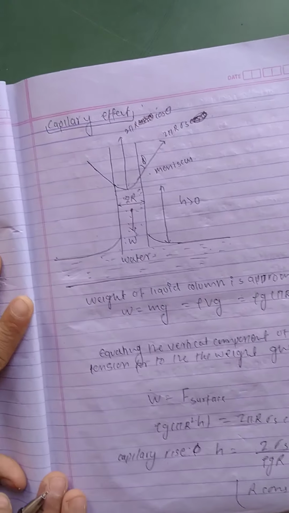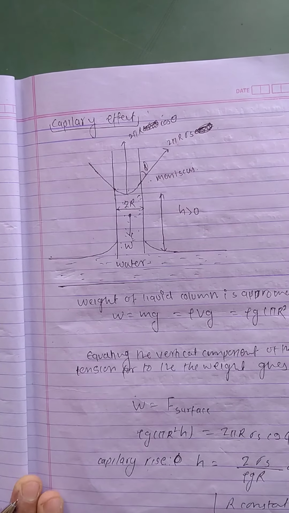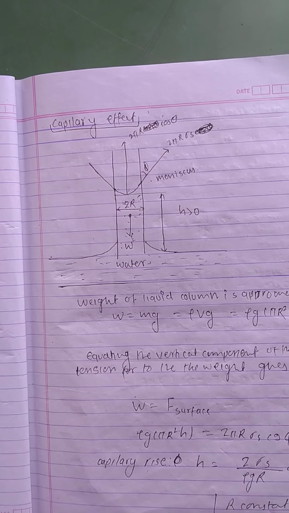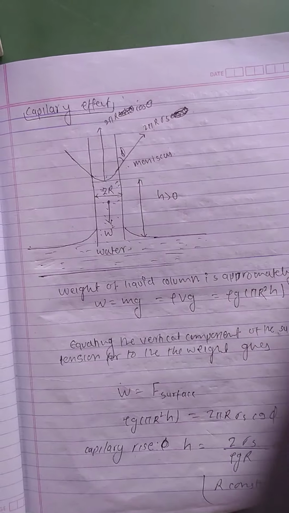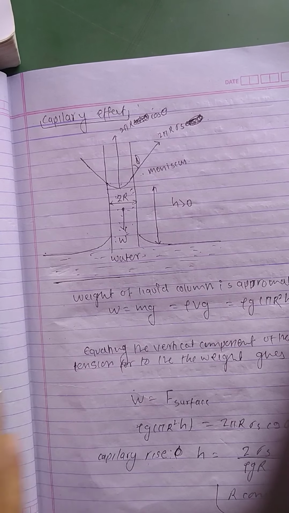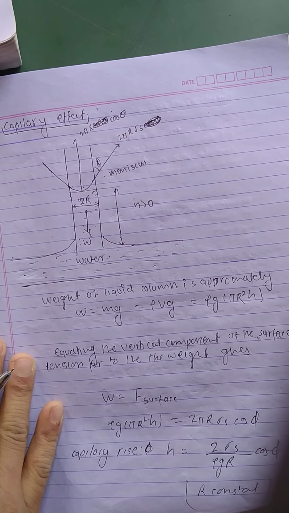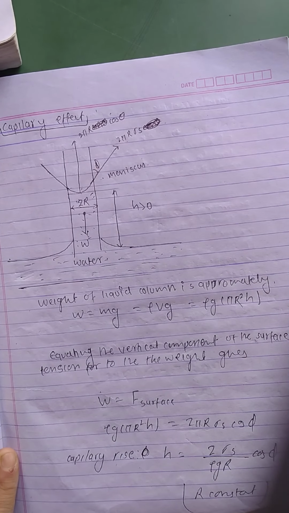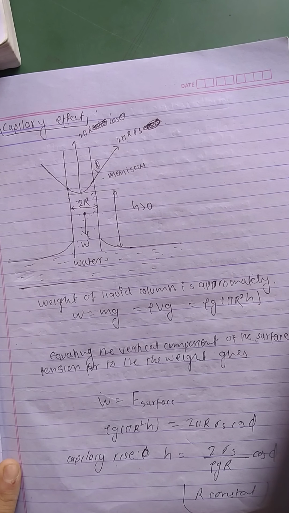Now let's come to the capillary effect. The capillary effect is one of the consequences of surface tension, which is the rise or fall of liquid in a small diameter tube inserted into the liquid.